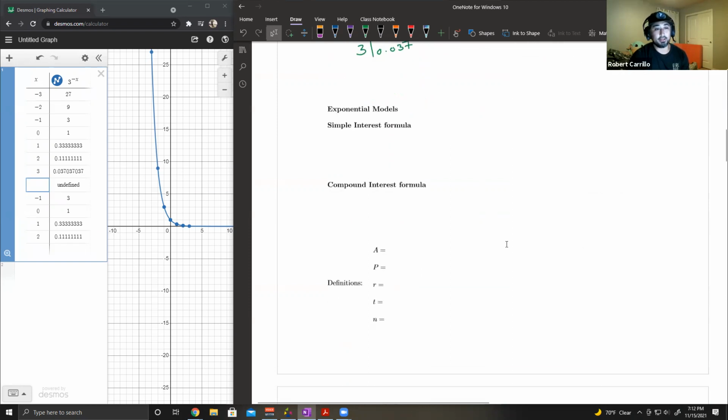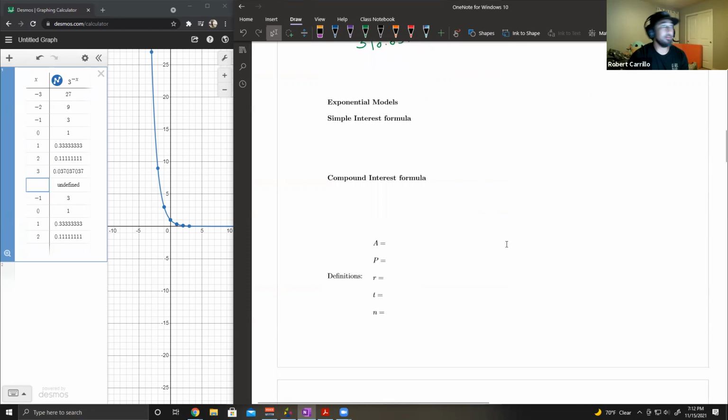Now let's move on to some exponential applications. So we're going to get into money math, which is going to be fun. So we need to know the simple interest formula, the compound interest formula, and then I think the continuous compound interest formula. So good thing I teach business math, or I would not know what any of these formulas are.